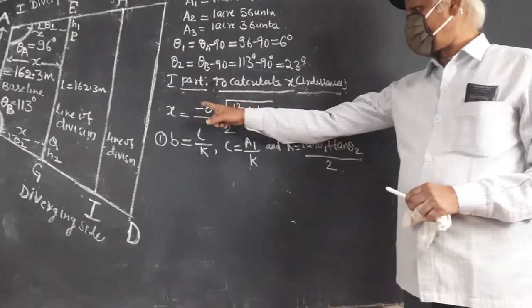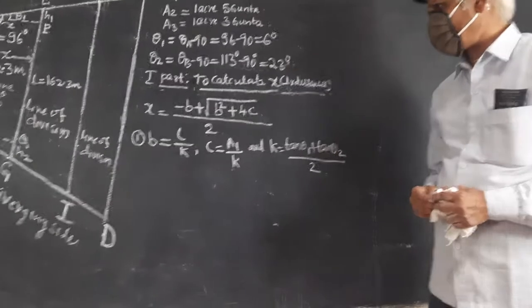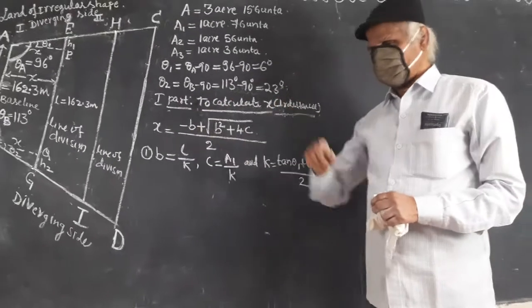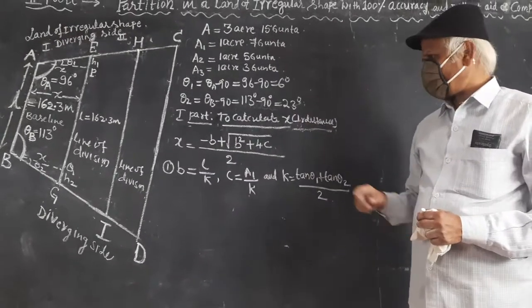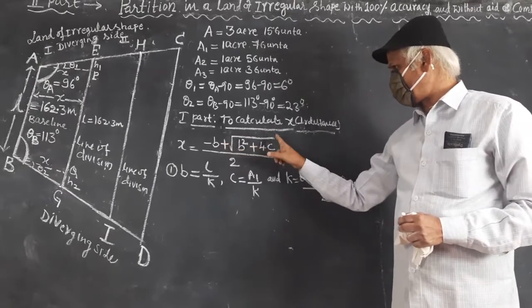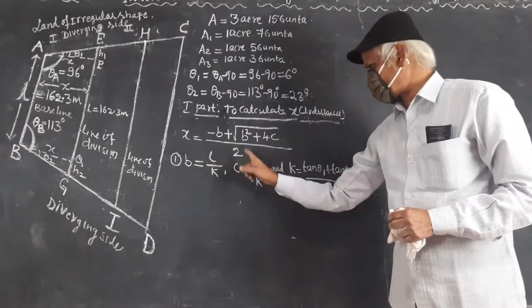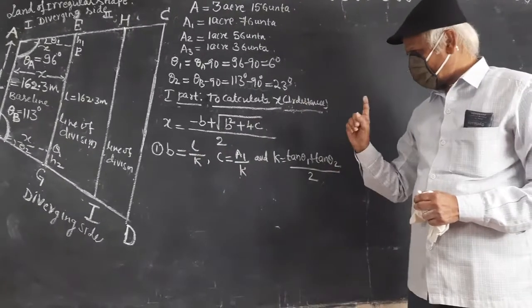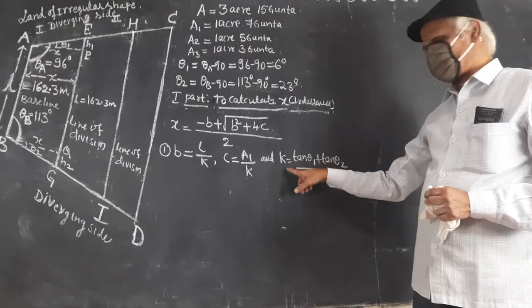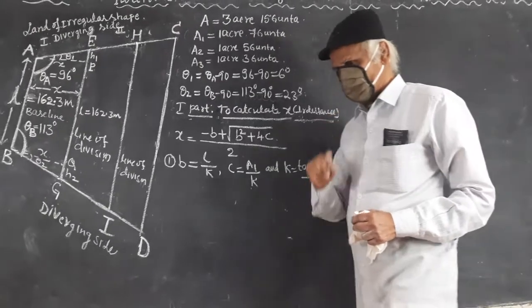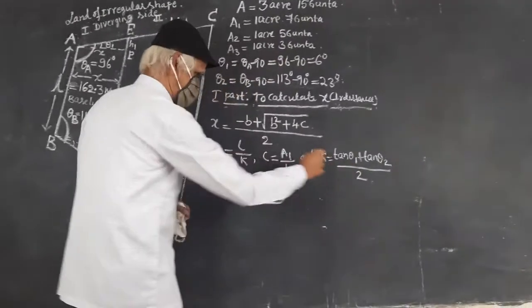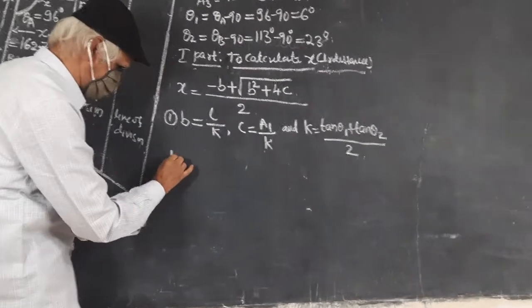So it is clear, to find x, one must know the value of b and c. To find b and c, one must find the value of the k. So let us find the k first.